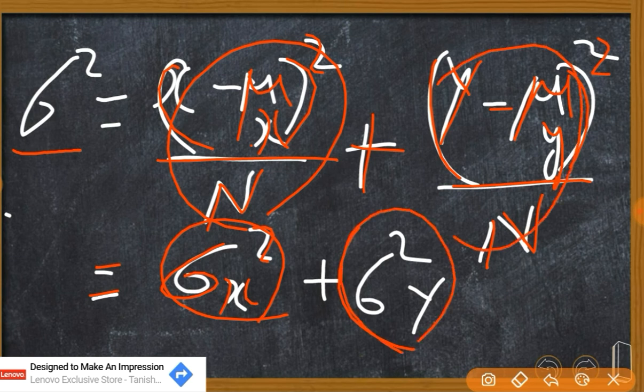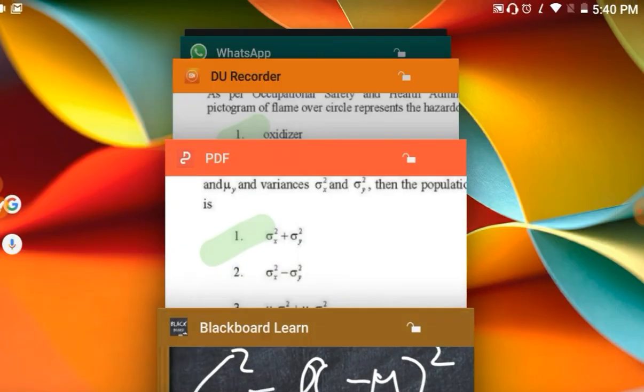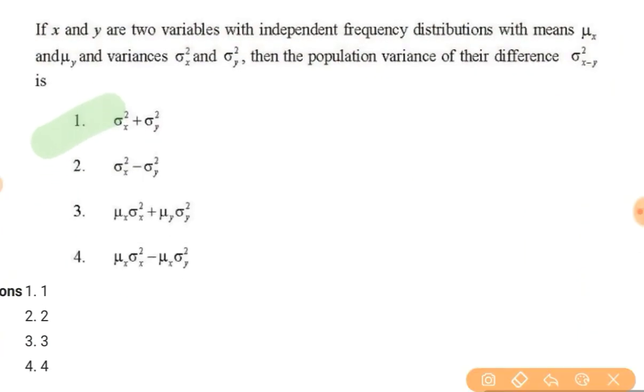So our result is this one, and the answer given is sigma square x plus sigma square y.